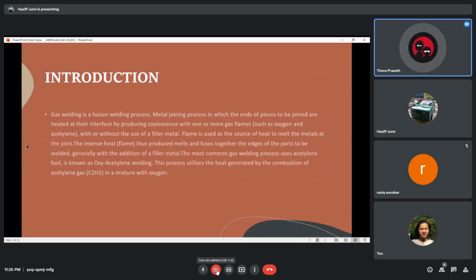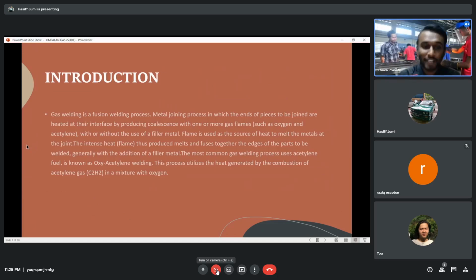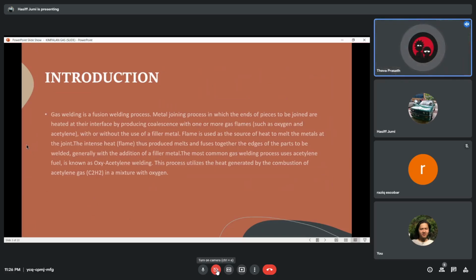Introduction for gas welding. Gas welding is a fusion welding process, a metal joining process in which the ends of pieces to be joined are heated at their interface to produce coalescence with one or more gas flames, such as oxygen and acetylene, with or without the use of filler metals. Flames are used as the source of heat to melt the metals at the joint.